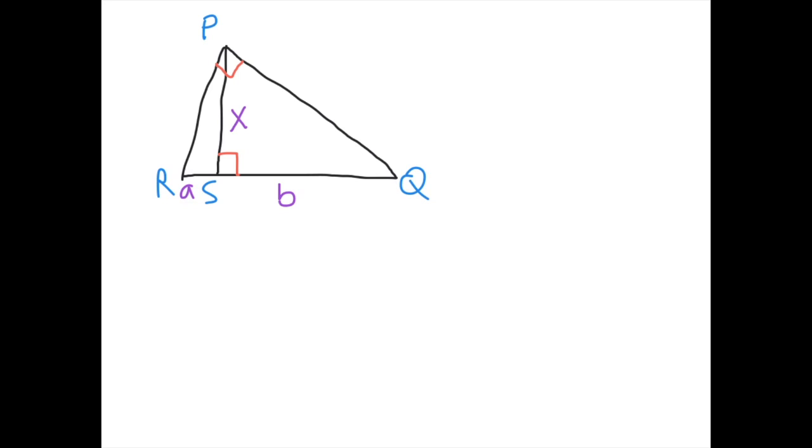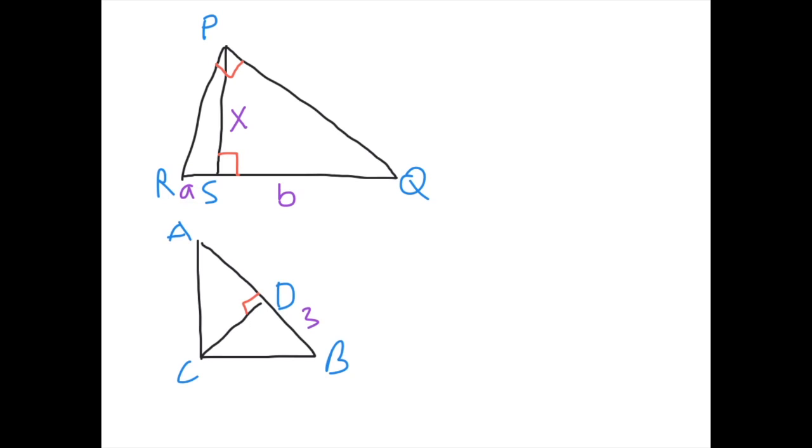So if I give you a triangle, and the triangle is A, B, C, and I drop an altitude to point D, and I say that BD is 3, and AD is 5, and I want you to find the measurement of the altitude.